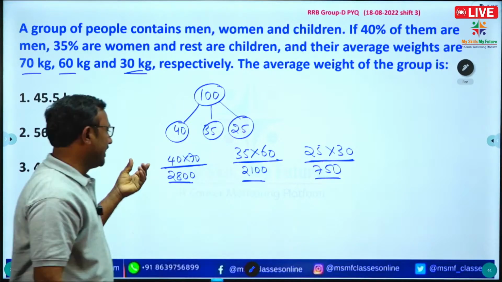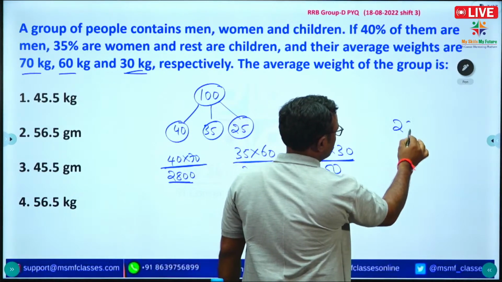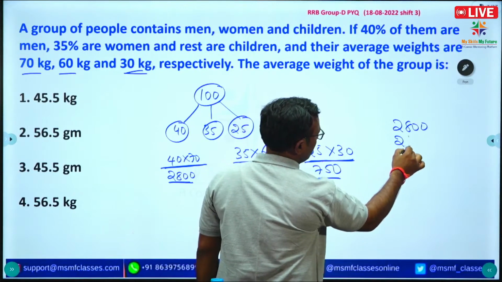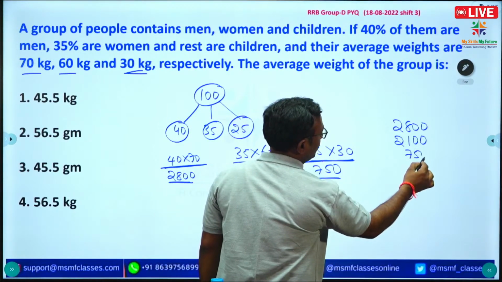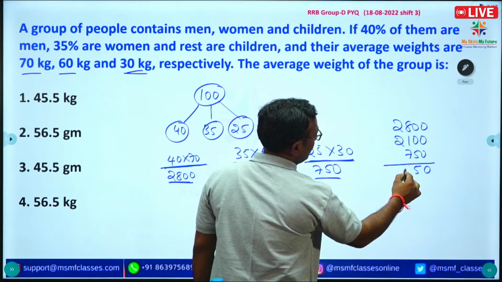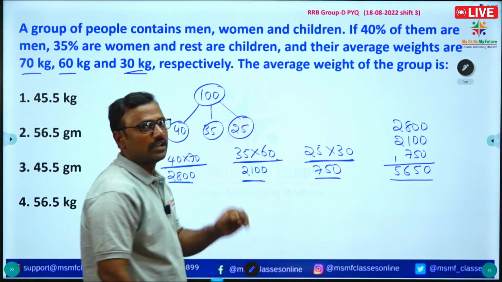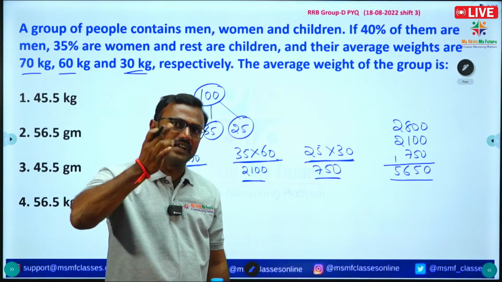So, total weight of men is 2800, total weight of women is 2100, total weight of children is 750. Add these three values, we get 5650 is the total weight of men, women and children.